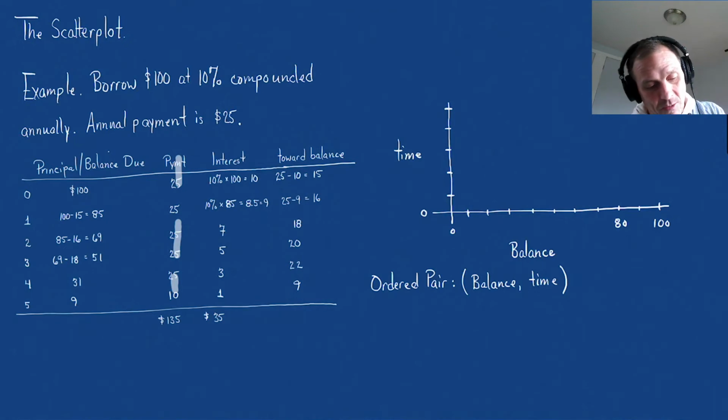So in algebra, we call these balances the independent variable. And time, the vertical axis, is called the dependent variable.